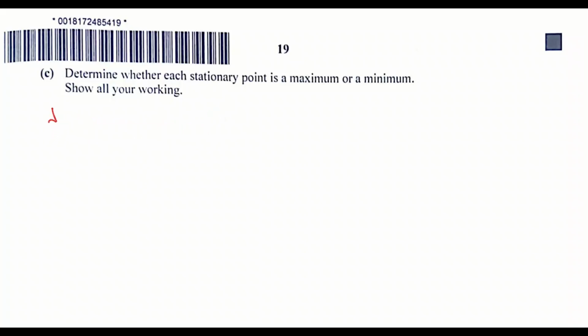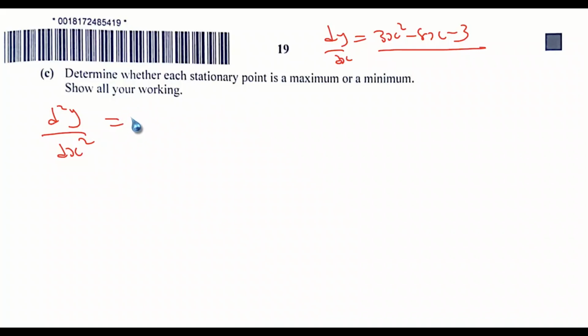Okay, so d squared y over dx squared will be equals to, so don't forget that dy/dx is equals to 3x squared minus 8x minus 3. So we'll continue from here. So this will give us 6x minus 8.